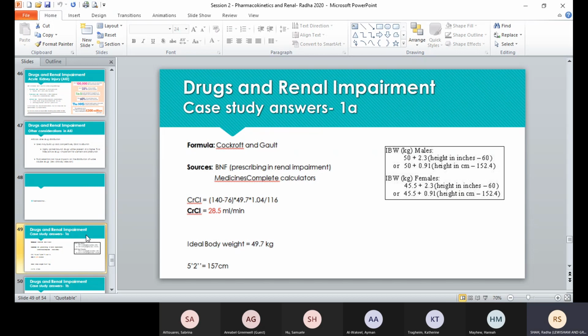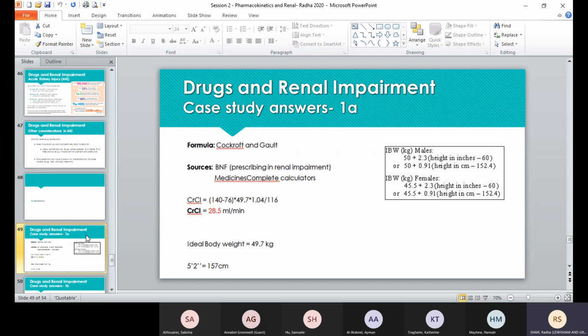So the formula we would use is 140 minus the age, which is 76, times by the weight, and then times by 1.04, divided by serum creatinine.